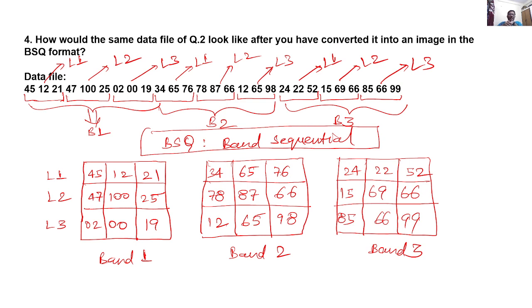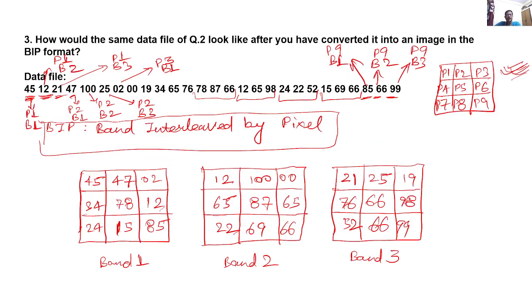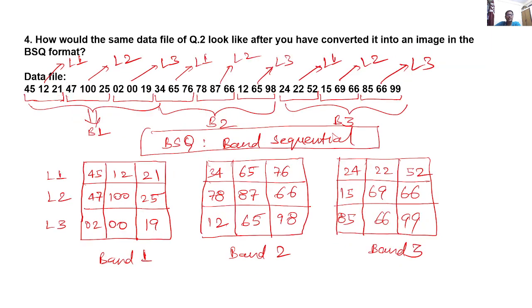And the third one is band sequential. The name itself suggests that it's filling up each band sequentially. We are filling up the first band completely. Then we are moving into the second, third, fourth, and so on and so forth. So this is the way to store the data. I used all the three basic examples to make you understand this strategy.